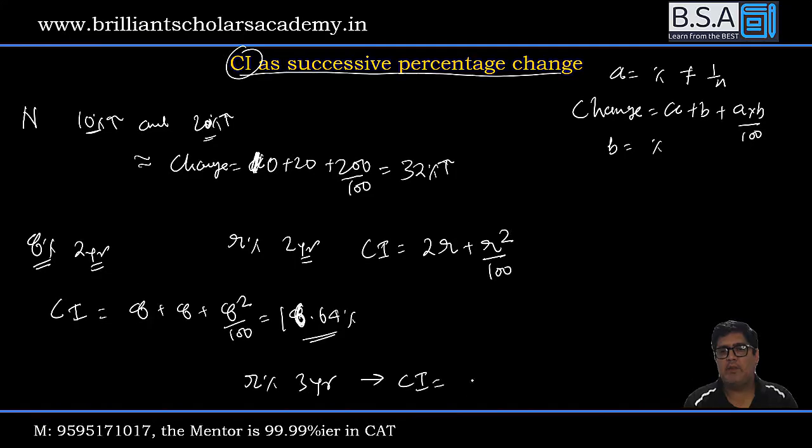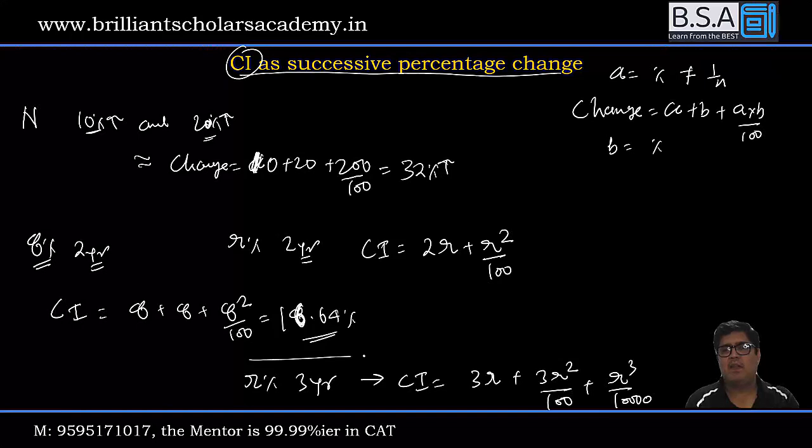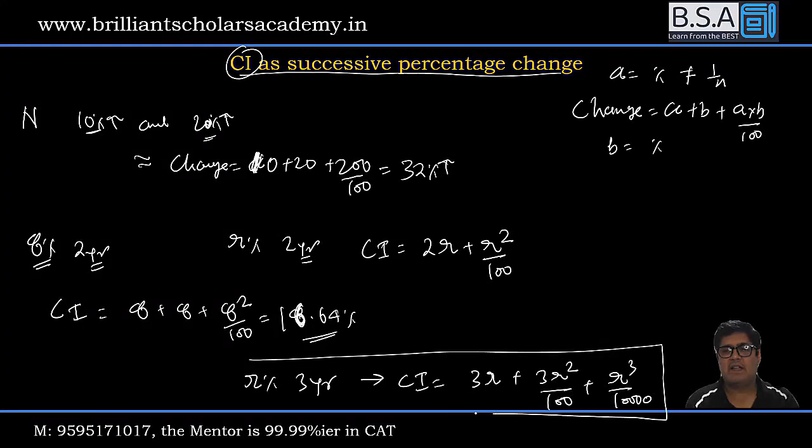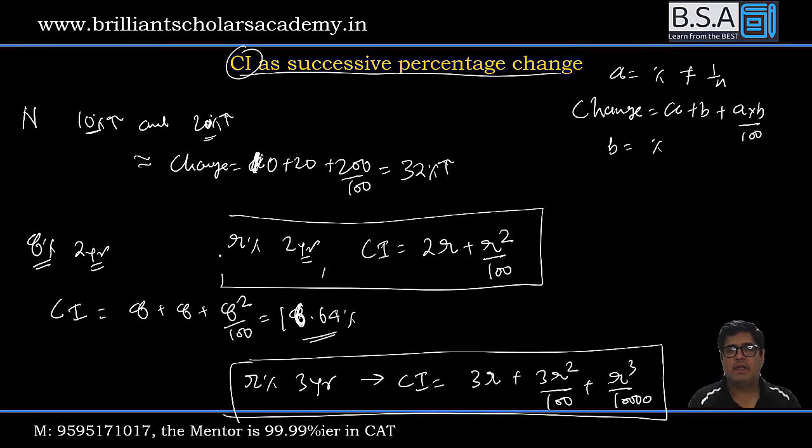Interest would look like 3R plus 3R square upon 100 plus R cube upon 100 square, 10,000. I understand it's difficult to work with, but I wanted to write down these formulas at least. We can customize them when there is a need. These two that I'm highlighting, at least copy these down.